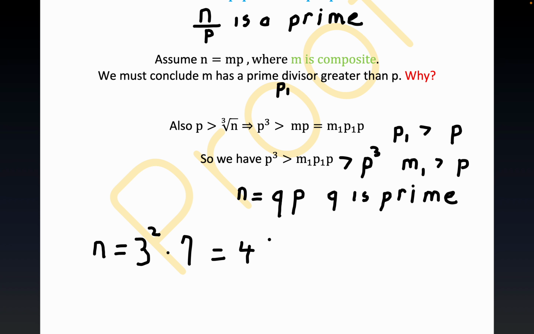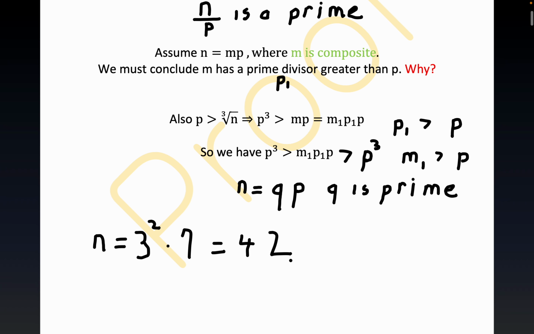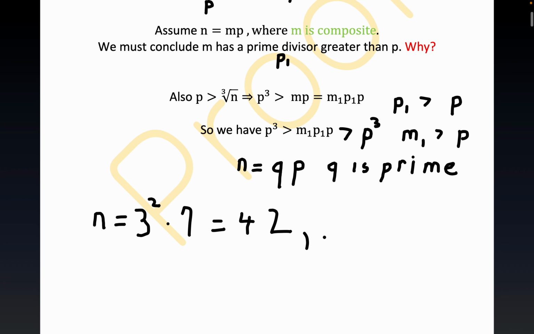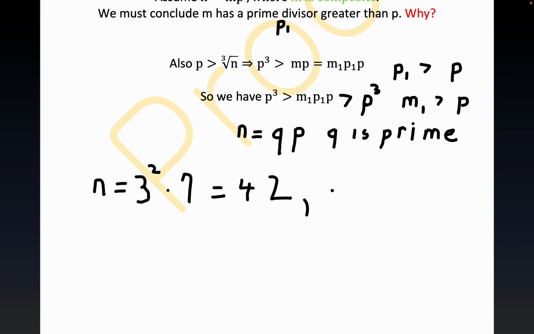But notice that in this setting, what are we assuming? That P is greater than the cubed root of N, right? Well, our P here would be 3, so notice that 3 is not greater than the cubed root of 42.